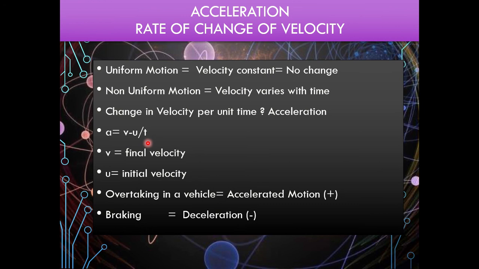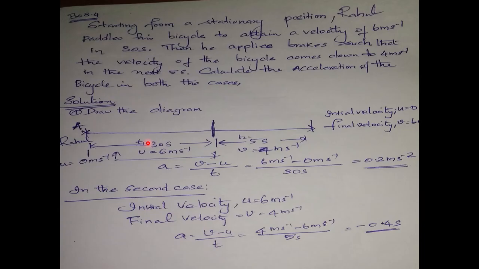That is called deceleration, that is negative acceleration. So when the rate of change of velocity is high, positive, that is called acceleration. When the rate of change of velocity is low, in the opposite direction, that is called deceleration.